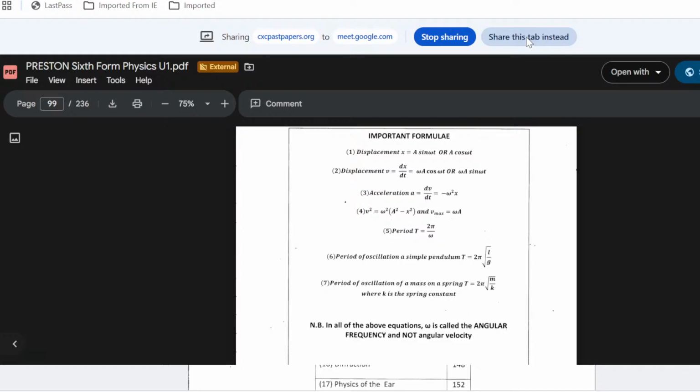Let's see the ones that are on this doc. All right, with these equations, especially the ones with the trig ratios, you have to be a little careful in terms of whether you're using sine or cos.